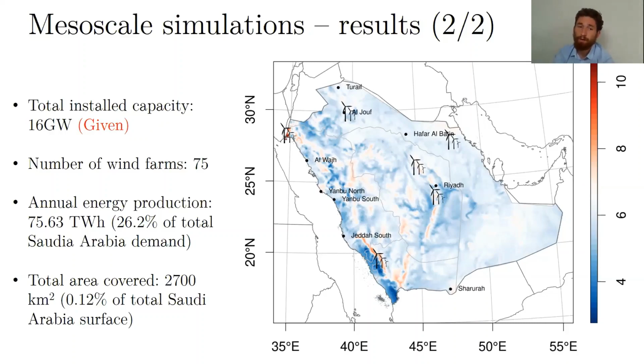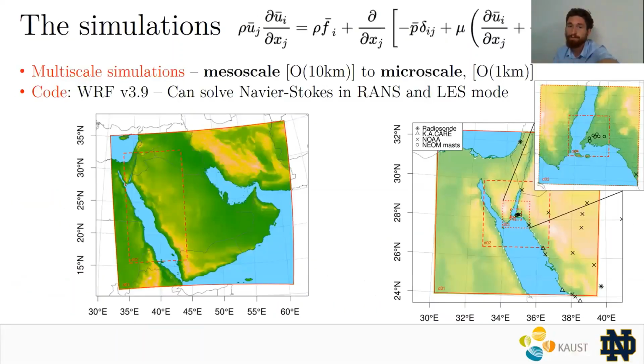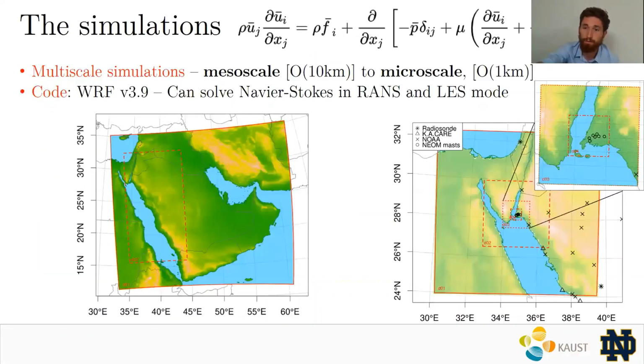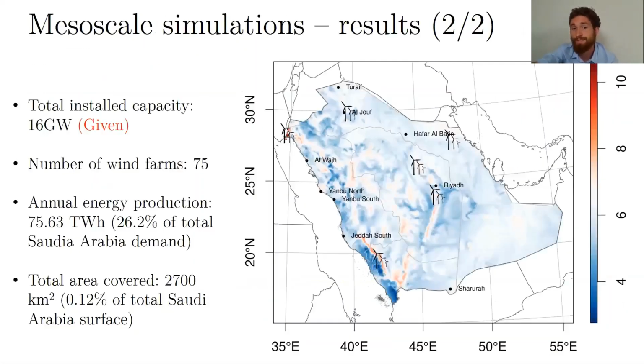Again, this modeling framework, we've developed this whole thing for Saudi Arabia, but as was mentioned before, we could actually use the same thing for other emerging countries, because we basically provided some rules on how to identify which areas are not suitable, and so should be excluded from our analysis, how to do these simulations, or which vertical spacing you should use, and so on and so on. So in this sense, this modeling framework can be applied also in other contexts.